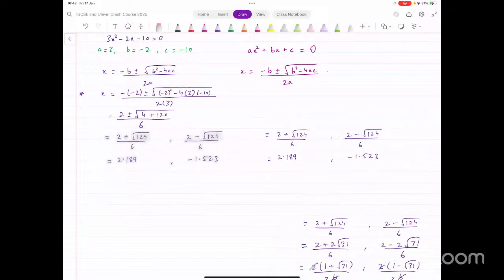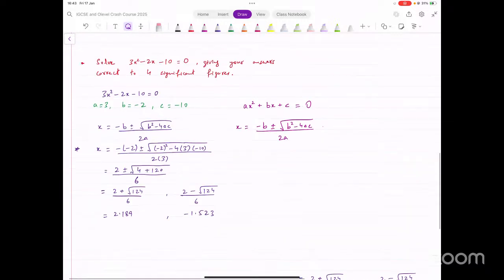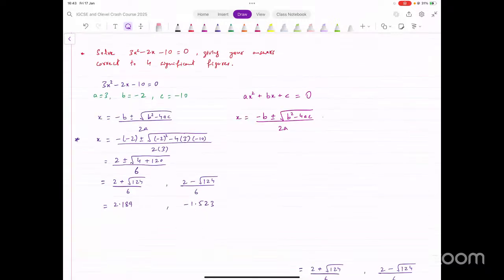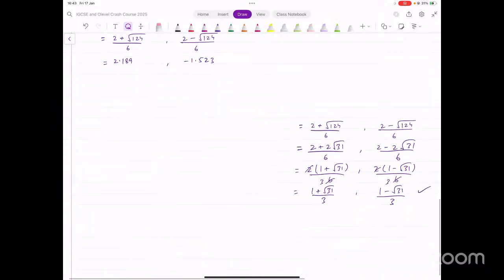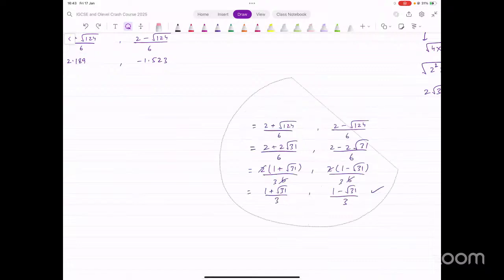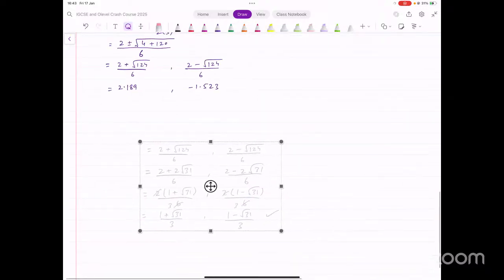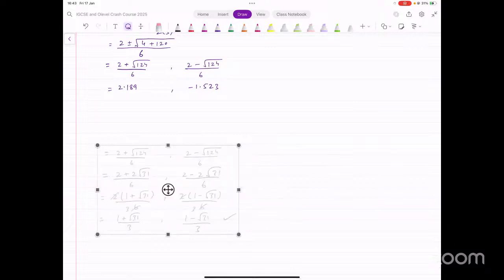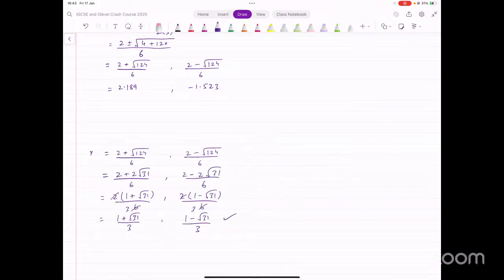So in this particular question, they asked us to write down the final answer in decimals. So this is what you would do in this particular question. But if they asked you to give your answer in surd form, then you would do something like this. Let me write it here as an OR working.